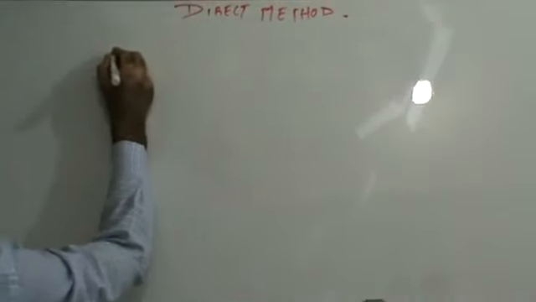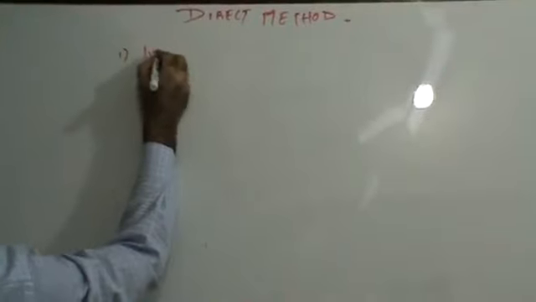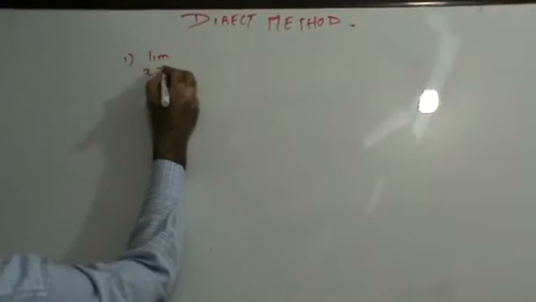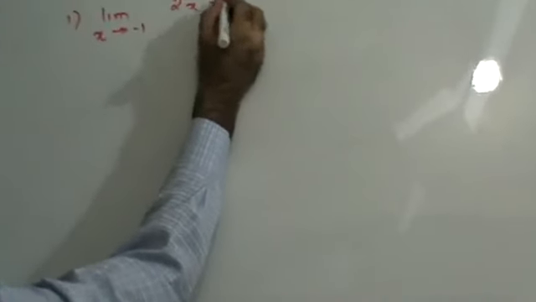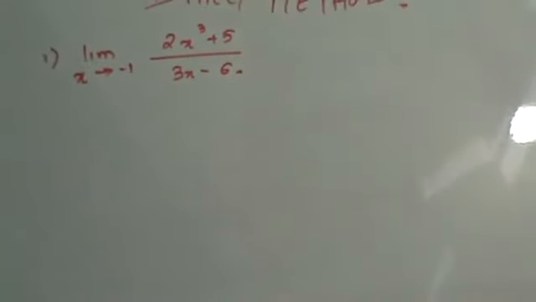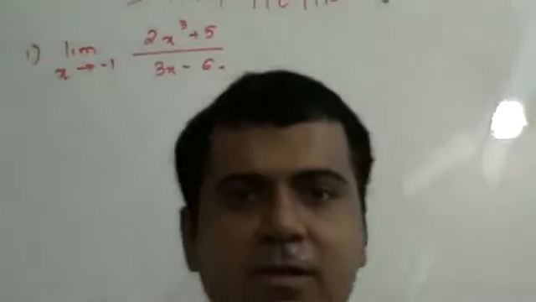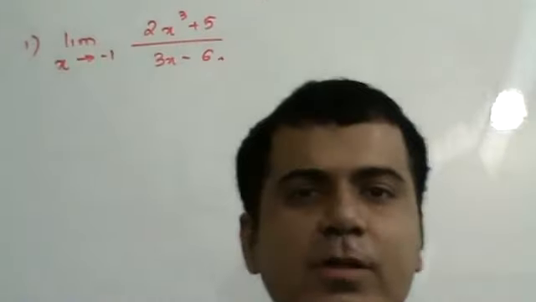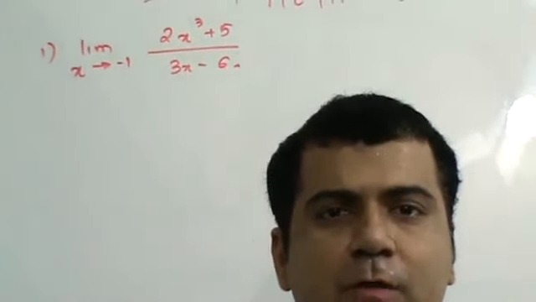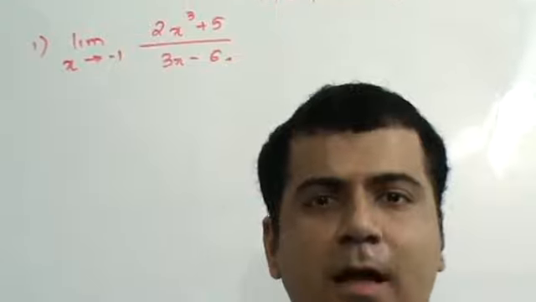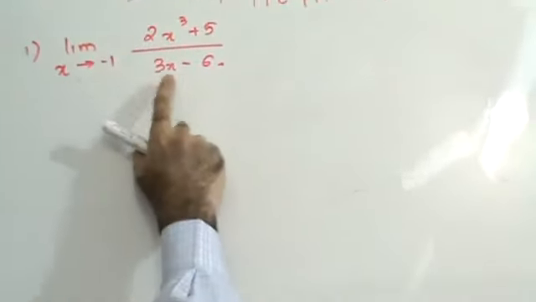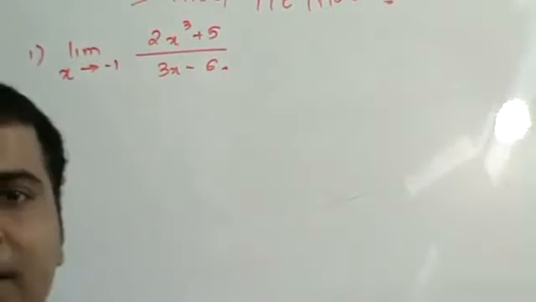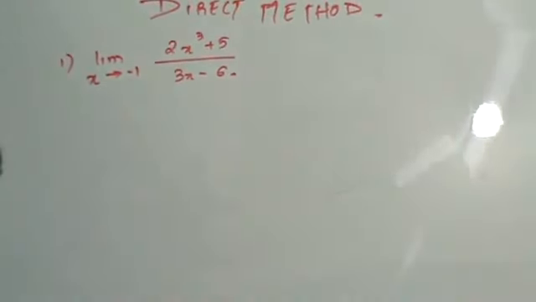Now, let's see this. Limit of x tends to minus 1, (2x cube plus 5) upon (3x minus 6). Now, when you have this, the first thing you have to do is try to substitute the value of x in the denominator and check if the denominator is 0. If I substitute x as minus 1, the denominator will not be equal to 0.